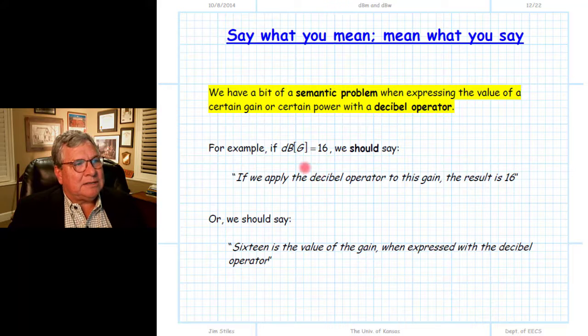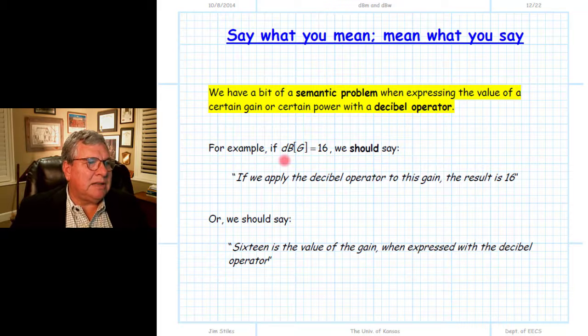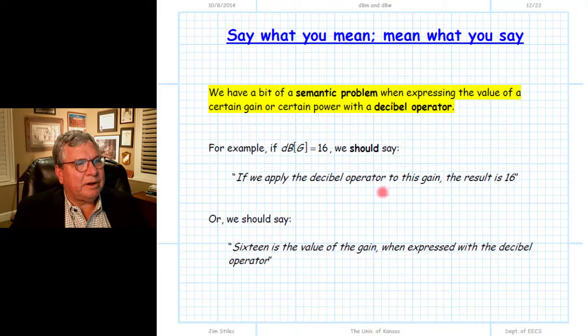So for example, let's say we have a gain of some amplifier, and we apply the decibel operator, and we get a value of 16. How do we convey that in either written or spoken English? We should say, if we apply the decibel operator to the gain G, the result is 16.